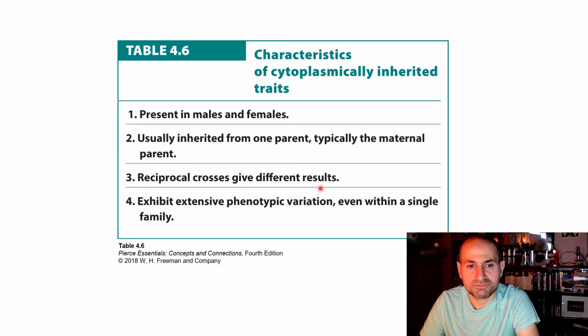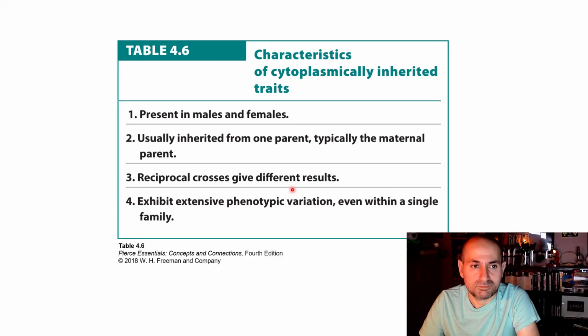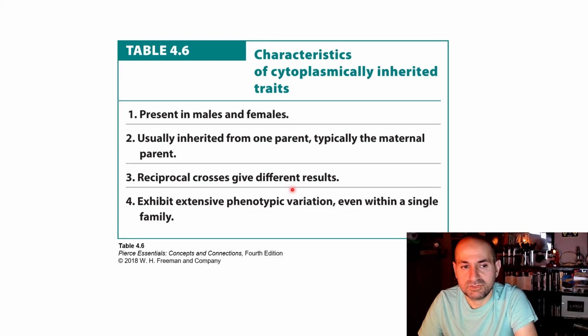Reciprocal crosses give different results, obviously, because usually you inherit that cytoplasmic DNA from one parent, and it's usually the mom. So a reciprocal cross would result in no effect. And these traits exhibit extensive phenotypic variation even within a single family.